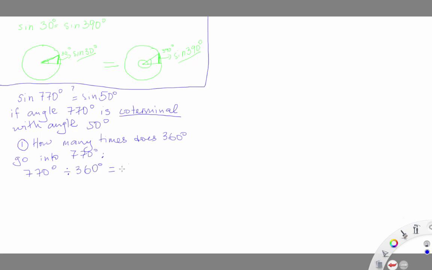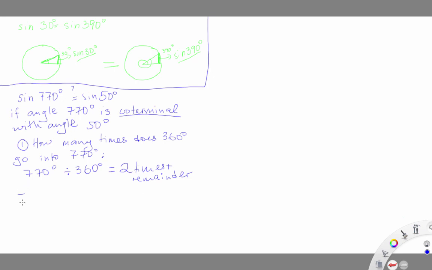And if you use your calculator, you're going to get something like 2 point something. So it goes in 2 times, and plus there is some remainder. It goes more than 2 times, but we know it goes in fully 2 times with something left over.